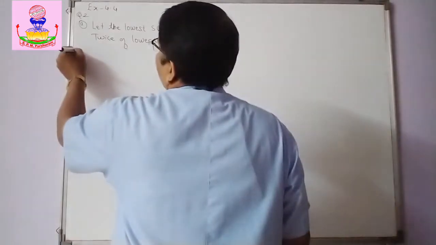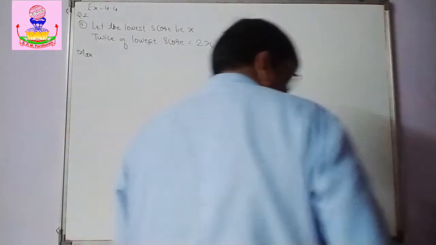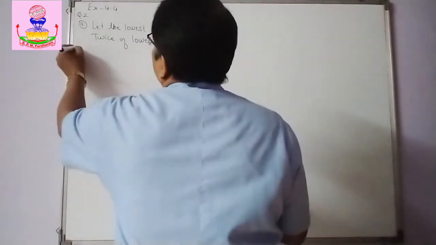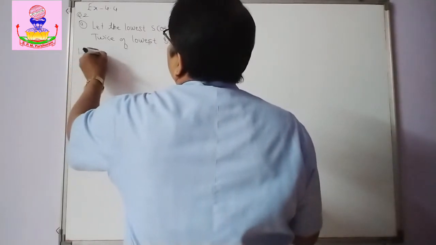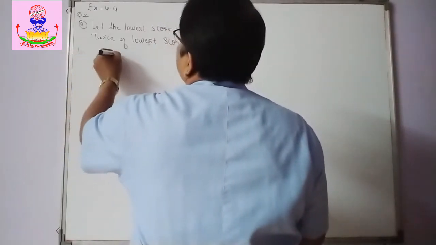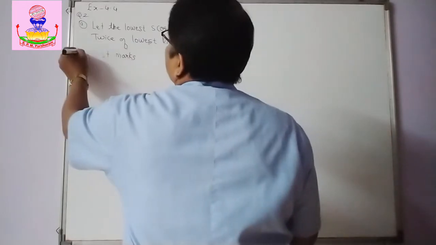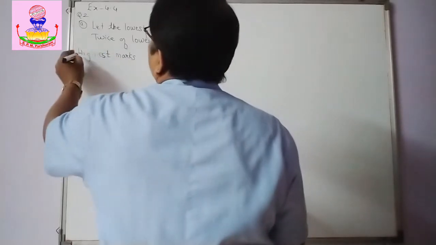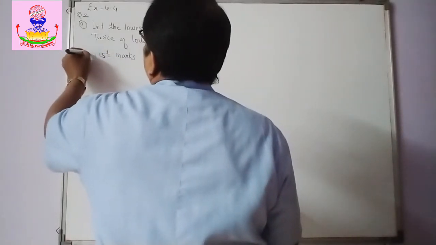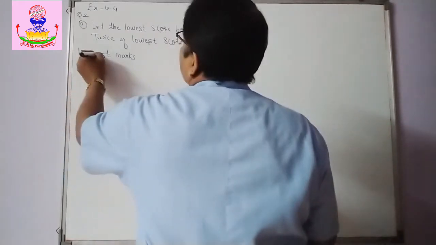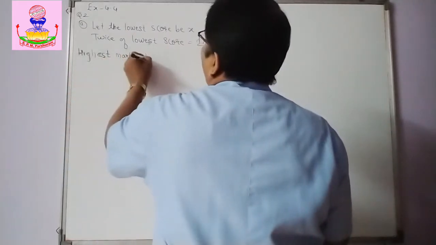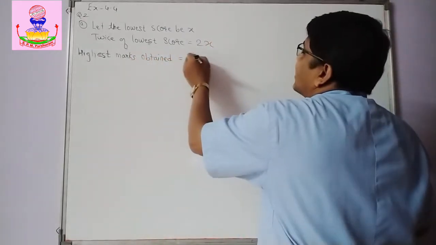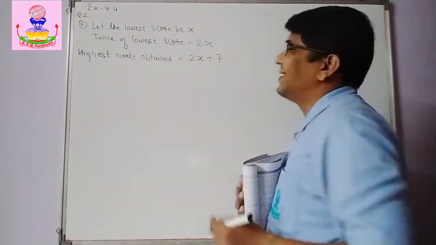So we can say that highest marks obtained is equal to 7 more than twice the lowest score.